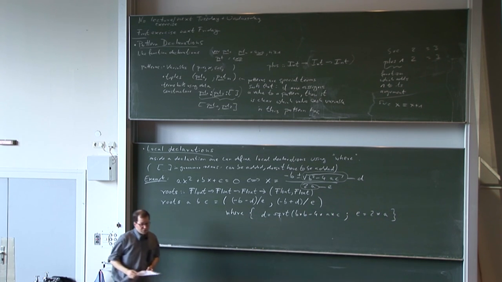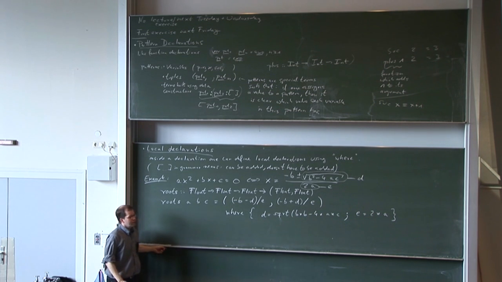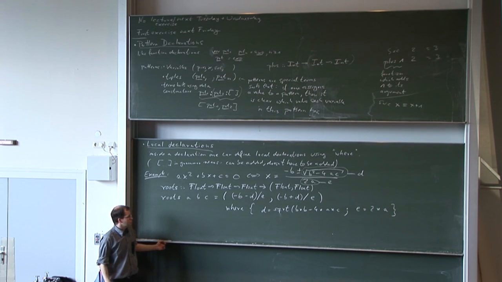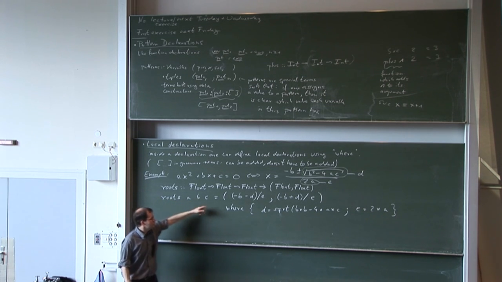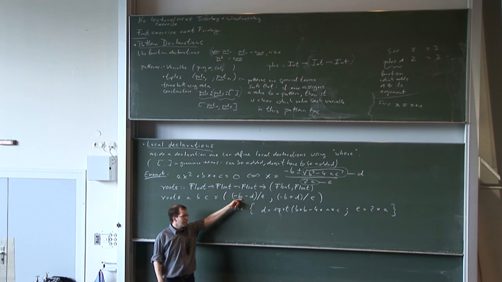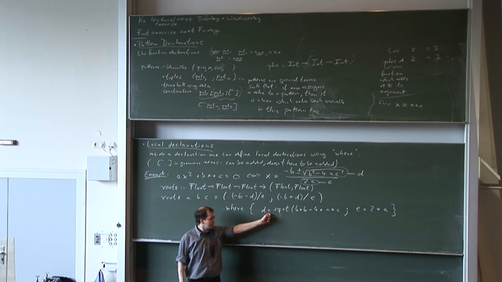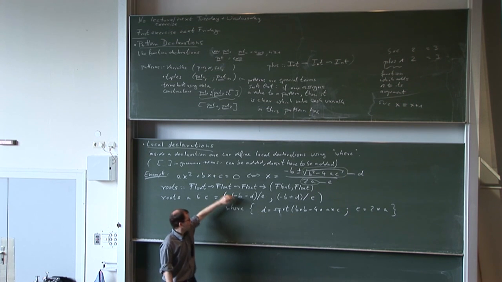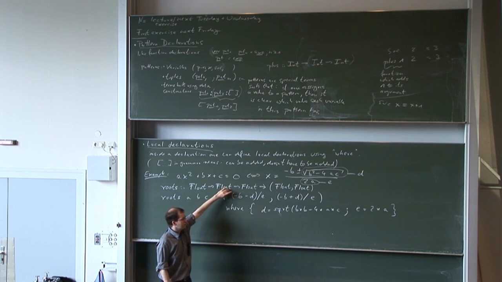So this illustrates how this idea with local declarations works. This is a function declaration. We say this function applied to these arguments, A, B, C, is this result. And there are some more declarations because here we declare what D is and what E is. But these declarations are local. They only concern this right-hand side and nothing else.